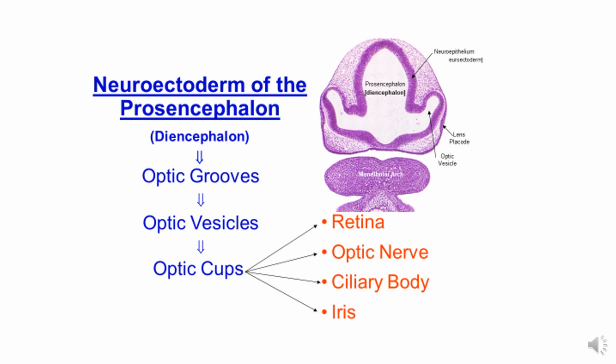So the neuroectoderm of the prosencephalon, that is from the diencephalon region, gives rise to optic grooves. Then they form the optic vesicles, and the vesicles are converted into optic cups.